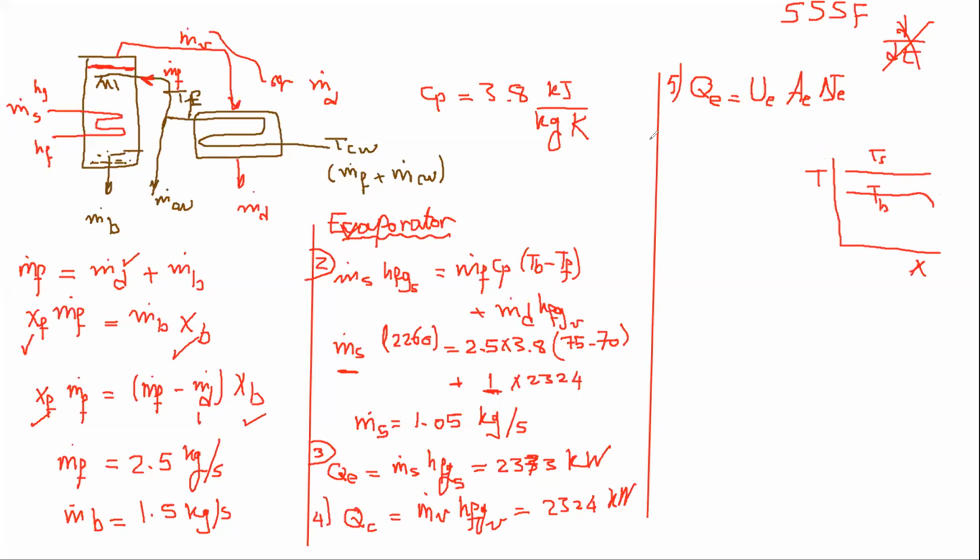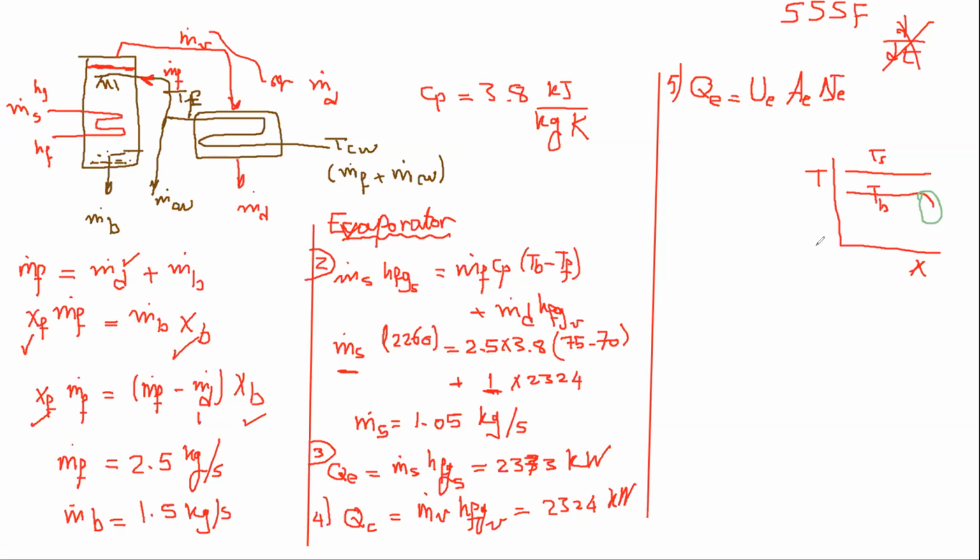So what I did is that I neglected this portion, and I consider that the temperature difference is constant, and this is the temperature difference I put here. This is an approximately accepted approach.